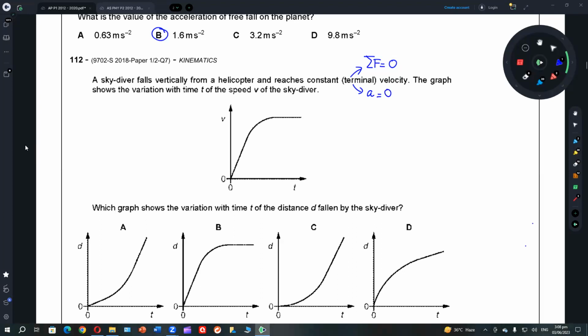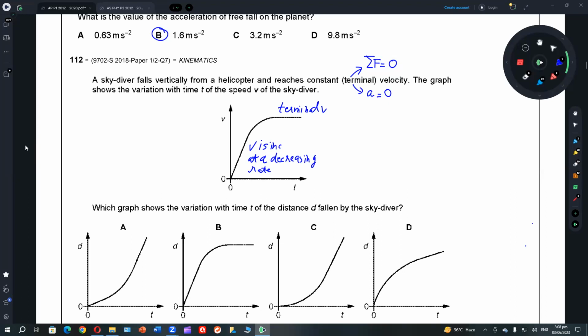So this is a famous sketch, and I hope you remember this sketch. So velocity is increasing at a decreasing rate.